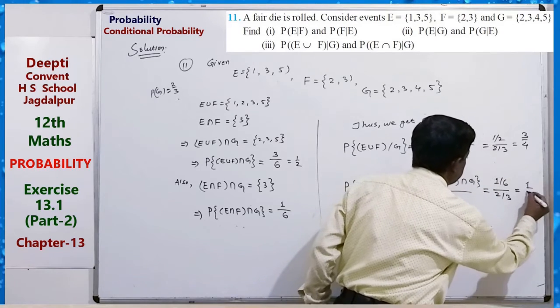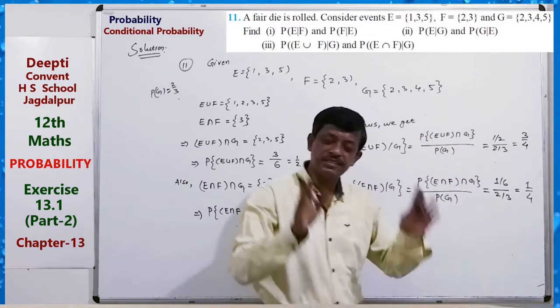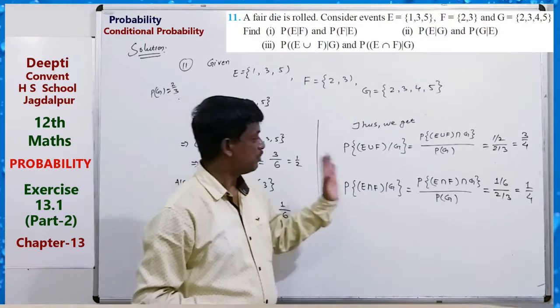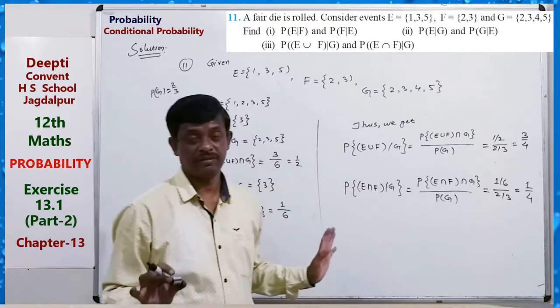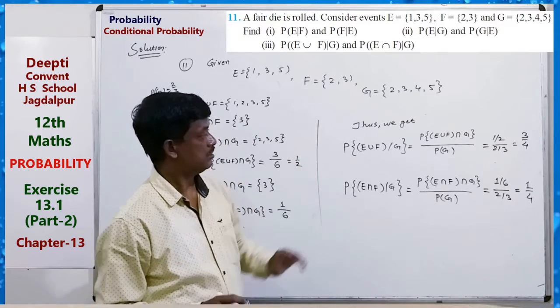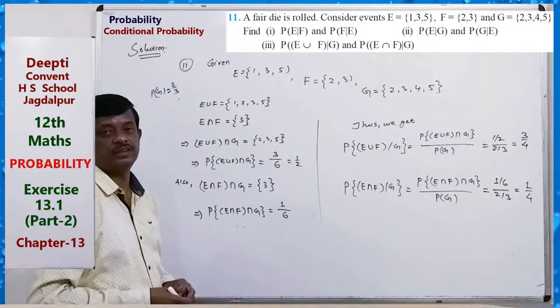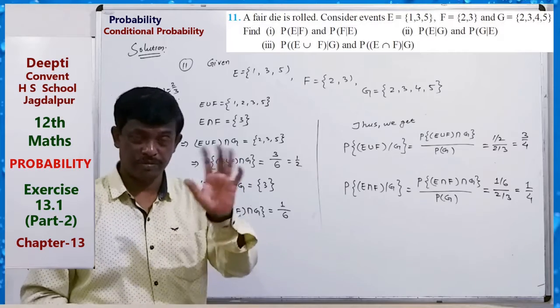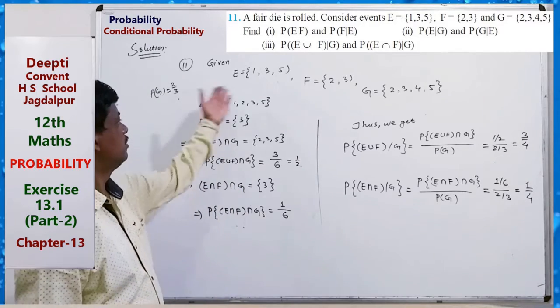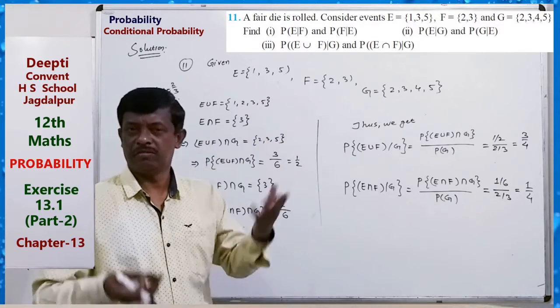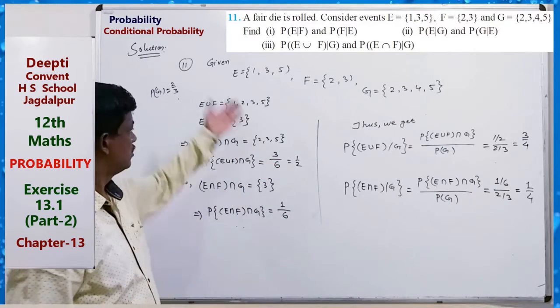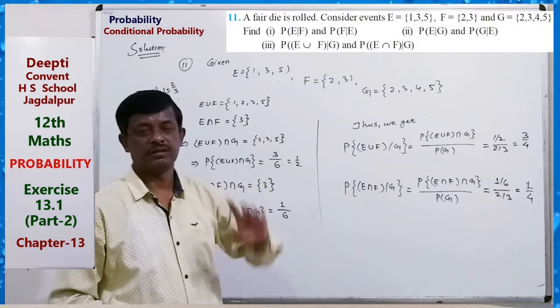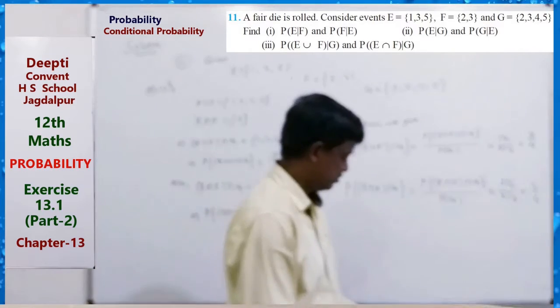So just find the probability by using the formula. Just write the formula right. The correct formula should be there for getting the right probability. And these are the events as sets in one die roll, so the total number of elements in the sample space is 6. That's why you can get the conditional probability like this.